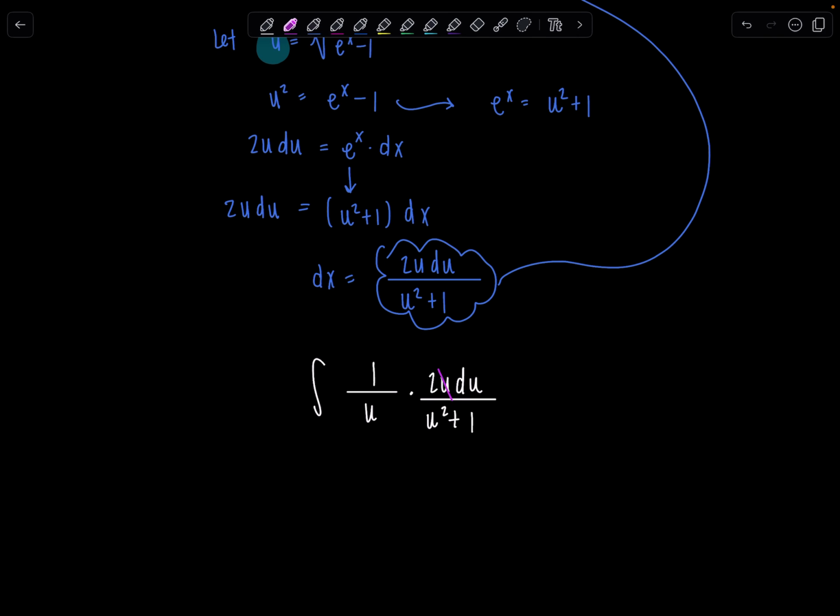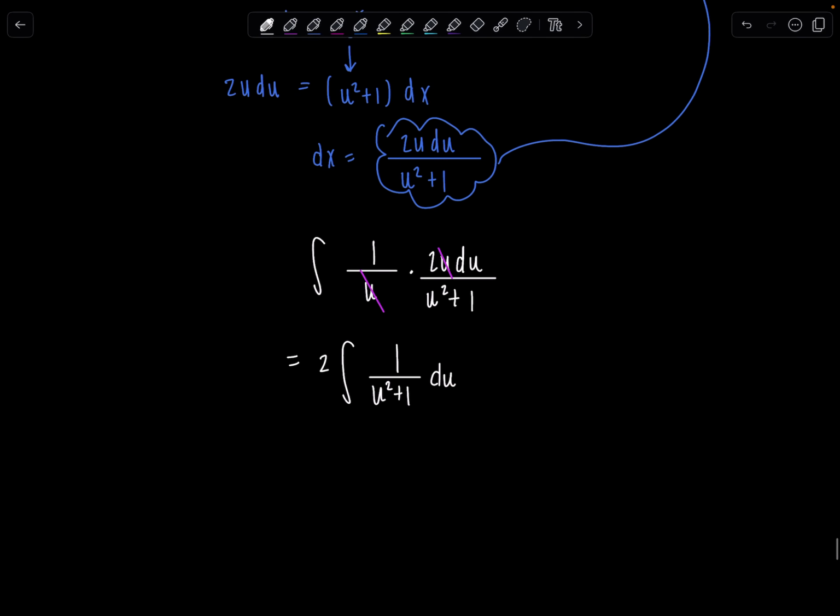So I can cancel out a u from the numerator and denominator, and then let's just take that 2 outside. So 2 times the integral of 1 over u squared plus 1 du. And do you recognize what the antiderivative of 1 over u squared plus 1 is? You should. It's tan inverse of u.